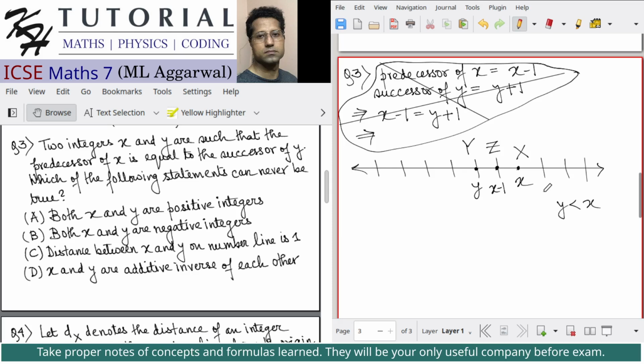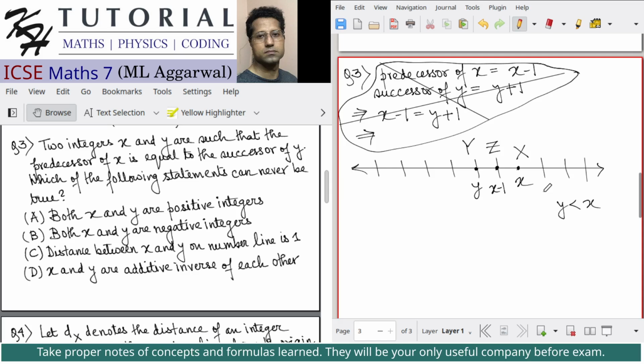Exactly their position relative to the origin we do not know. Either they are positive or they are negative. We have no information. We just know that between y and x there is one more integer, which is x minus 1, or you can say y plus 1.